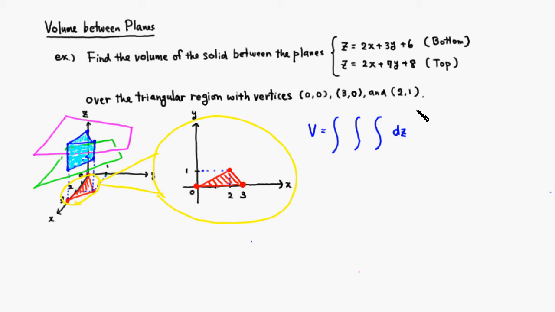Then we can do y or x, let's see which one is probably easier. Looking at this region, I'll probably do dx first and then dy. If it's not convenient, I will redo it.